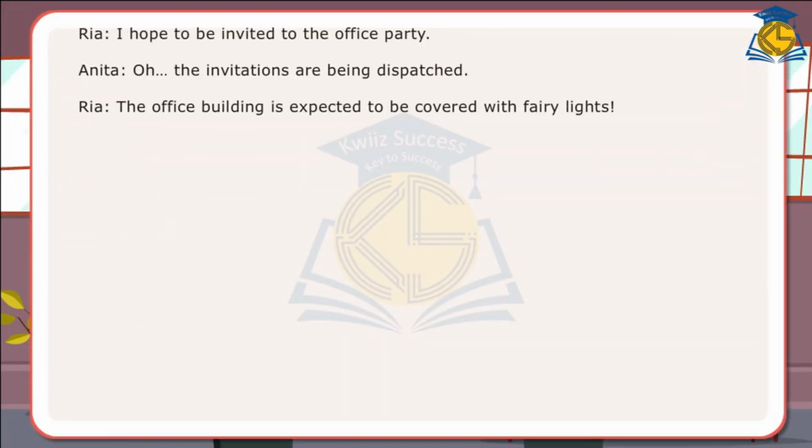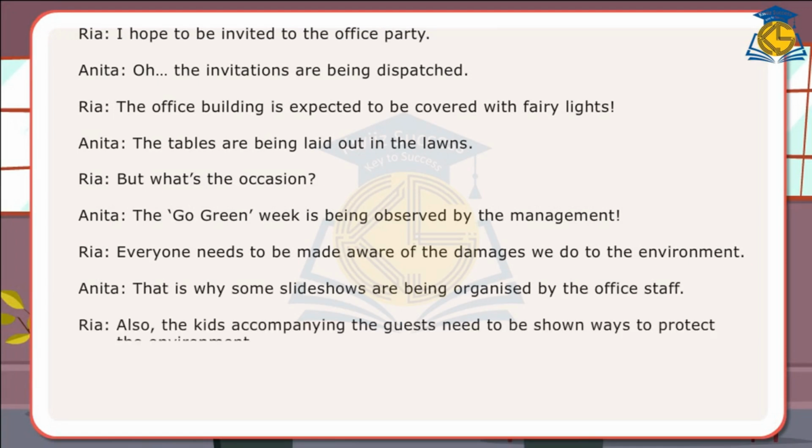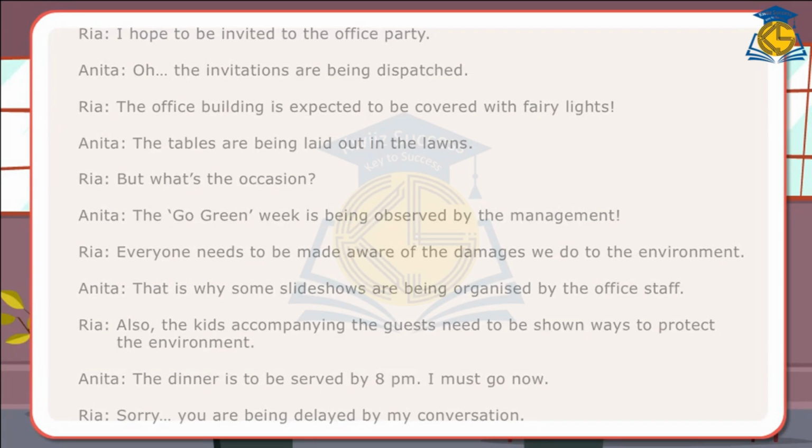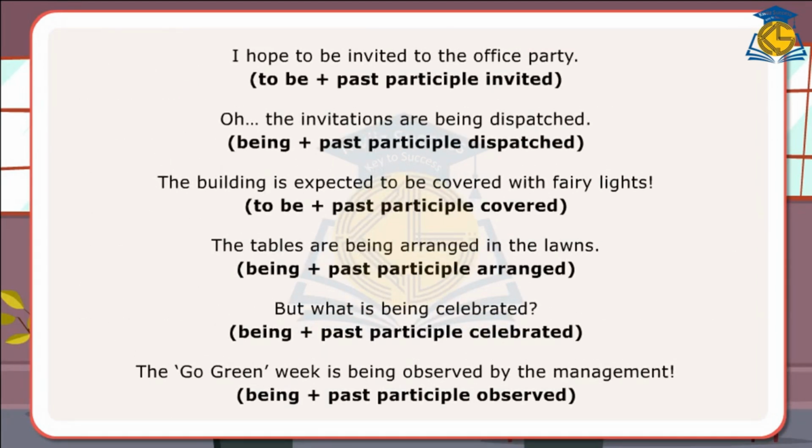In this dialogue between two friends, the passive forms of verb ing and to infinitive are used. Let's see some examples. I hope to be invited to the office party. To be plus past participle invited. Oh, the invitations are being dispatched.